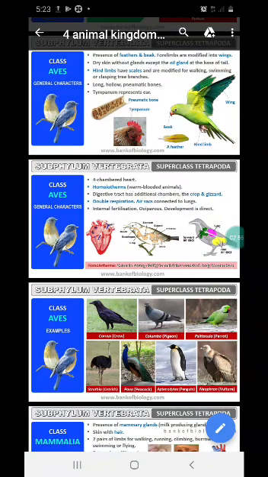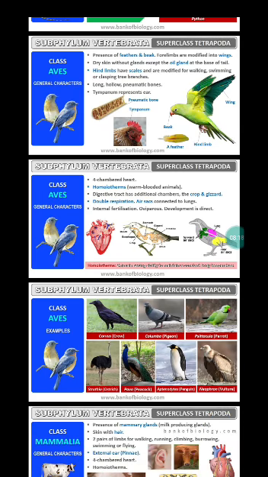Now coming to the next class, the Aves or the birds, right? So these are the organisms which have taken to flight adaptation. So accordingly they are modified. They have adaptations for the flight. That is, instead of having 2 pairs of limbs, they have only 1 pair of limbs, and the other 4 limbs are modified into feathers.